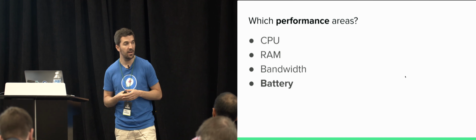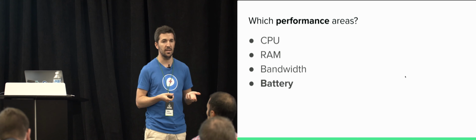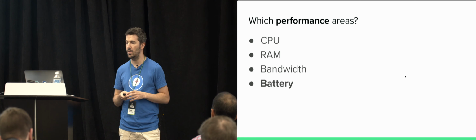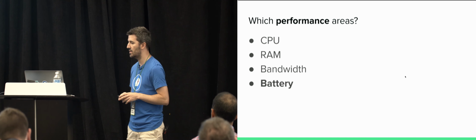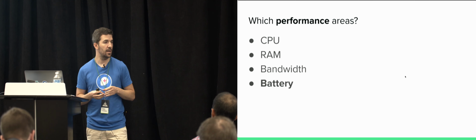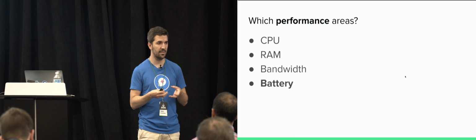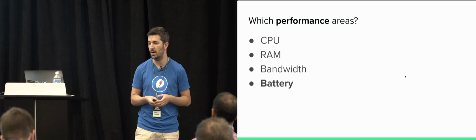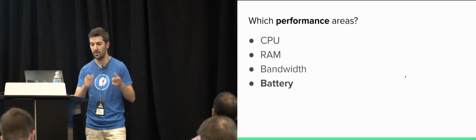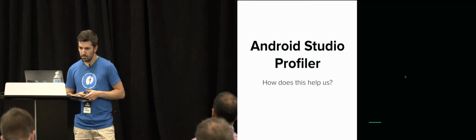If you are an SDK company, it means you will be dropped, and maybe your customers choose another provider. All these top items come into play together, because at the end of the day, the battery is what powers the rest of the areas we just mentioned: CPU, RAM, and bandwidth.